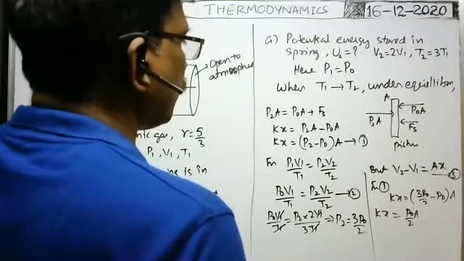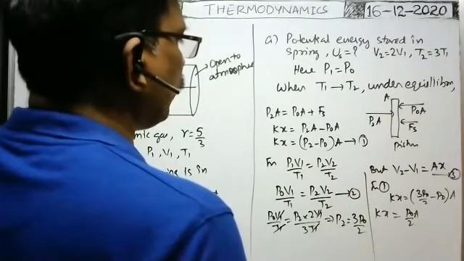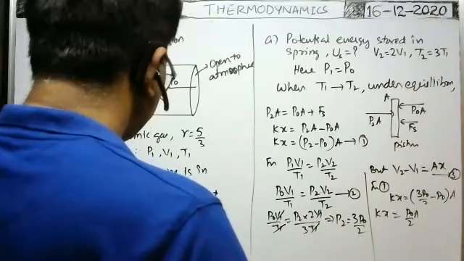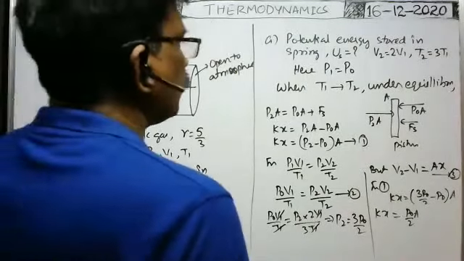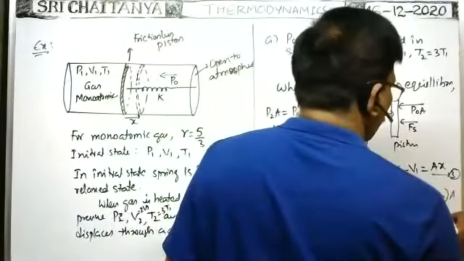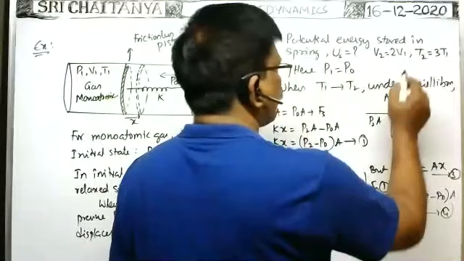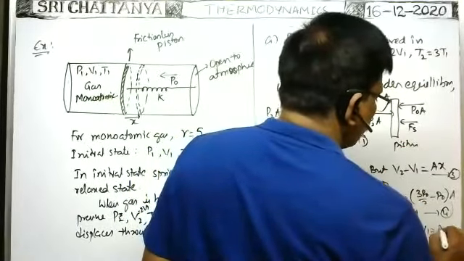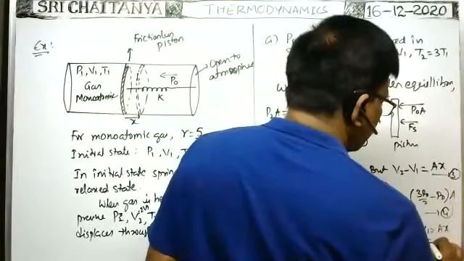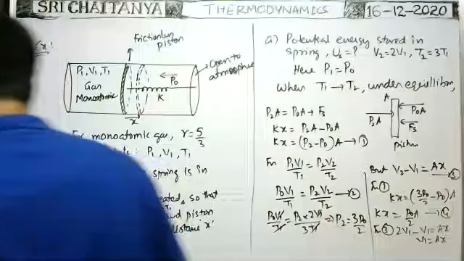The answer is given only in terms of V1 and P1, so in terms of V1 and P1 we have to find. This is equation 4. From 3, V2 is already given as 2V1. 2V1 minus V1 is equal to A into X, or V1 is equal to A into X only.